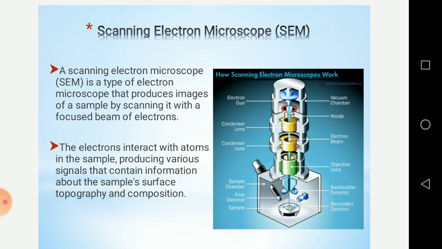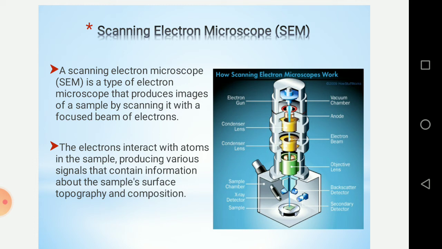Here I have kept one image of a scanning electron microscope. The electron gun is kept at the top. Then there is a condenser lens, and the electron beam is passed through that condenser lens. Then it passes through the objective lens, and finally the sample is kept at the bottom of the scanning electron microscope.